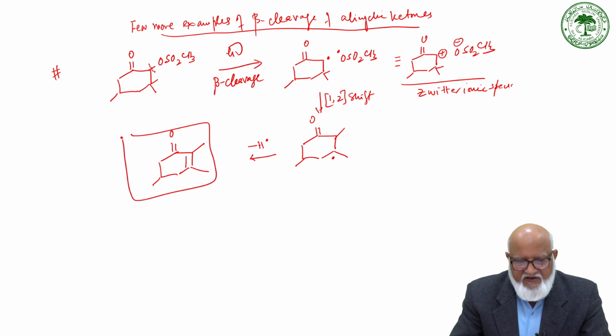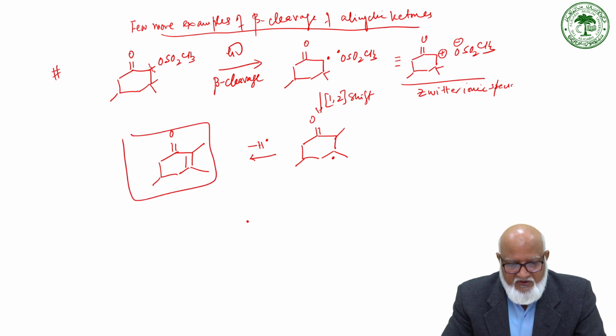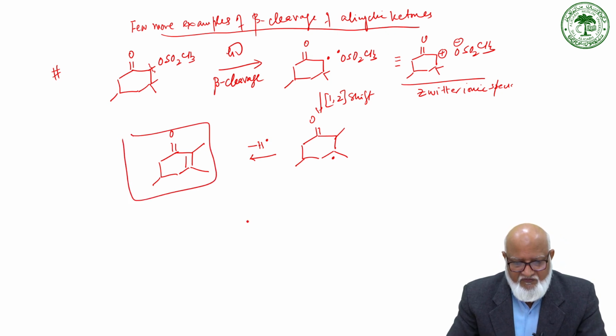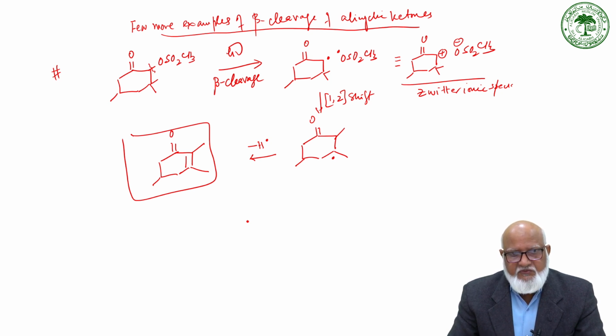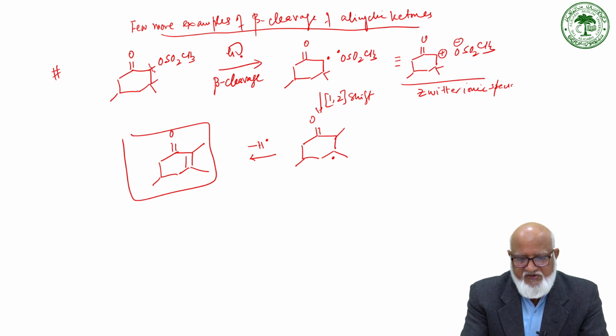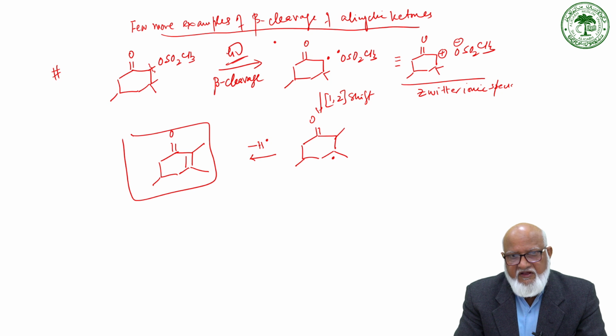So we can see, starting from the cyclohexanone with trimethyl substituent, the alpha carbon substituted with OSO2CH3, under photolytic condition may undergo beta bond cleavage to give either a diradical species or a zwitterionic species, which may undergo a 1,2 shift.